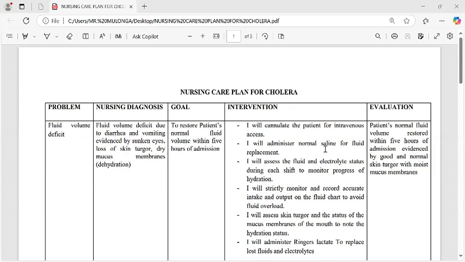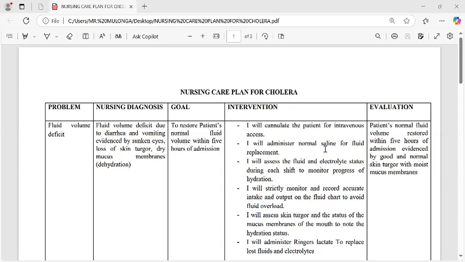The first thing that we assess are the signs and symptoms, of which number one for cholera is profuse vomiting and diarrhea. Profuse vomiting and diarrhea will result in the patient being dehydrated because they are losing a lot of fluids.